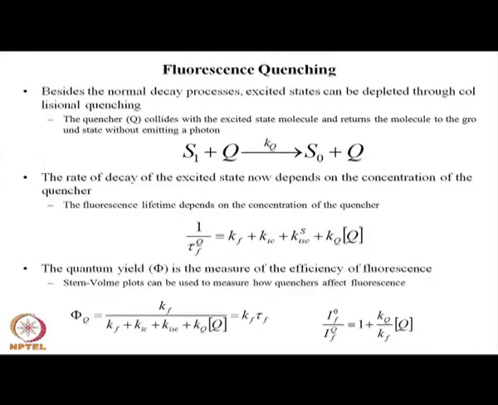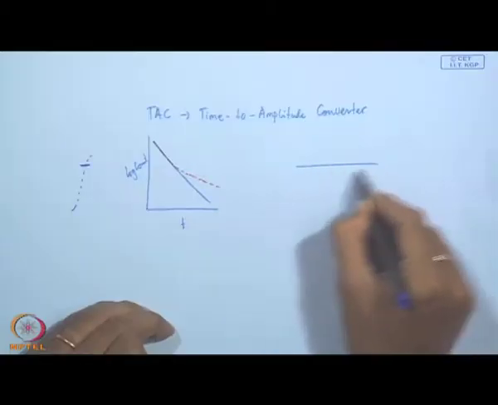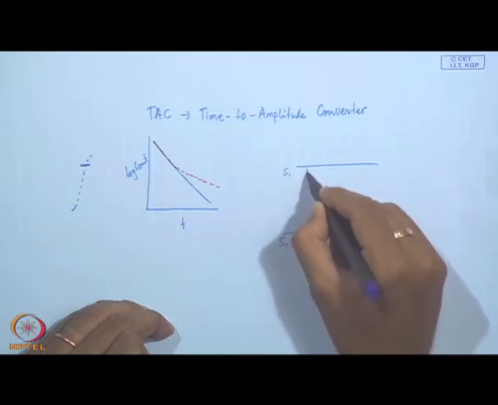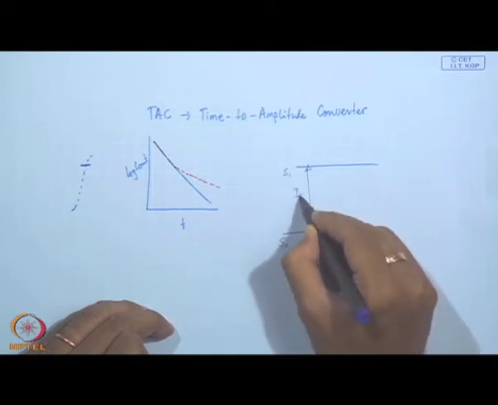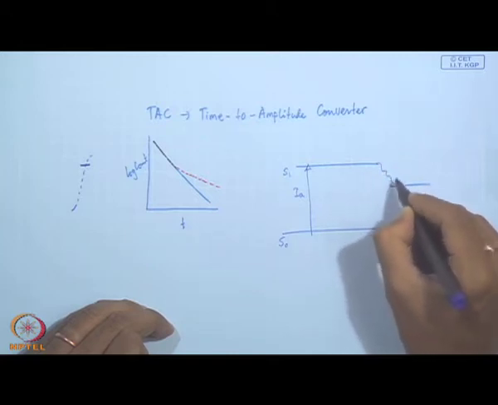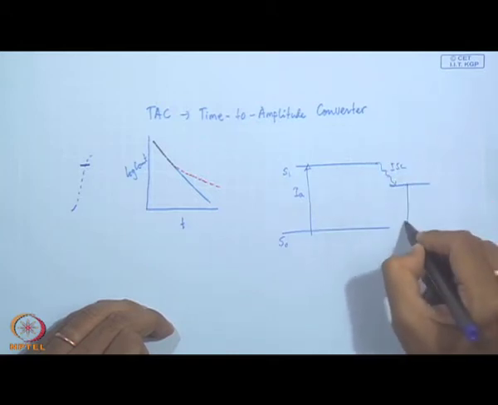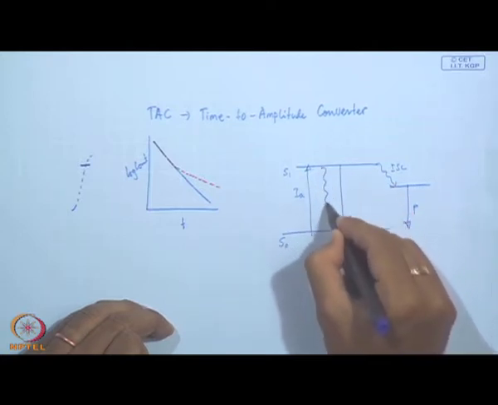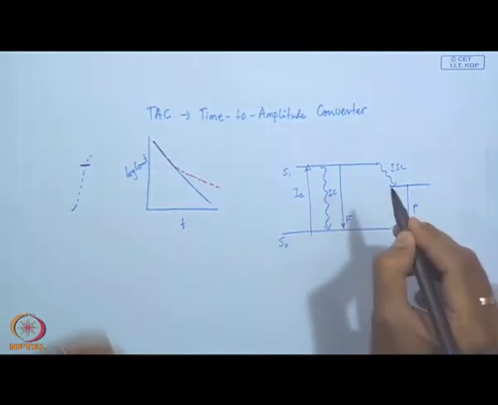Besides normal decay processes like Kf, the fluorescence radiative rate constant, there is Knr, that is Kic and Kisc. If you think of it like this: S0, then S1, then Ia, then Isc, then this is P and this is F, and this is IC, internal conversion.